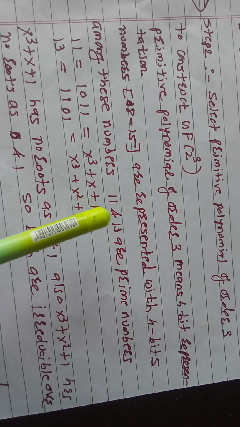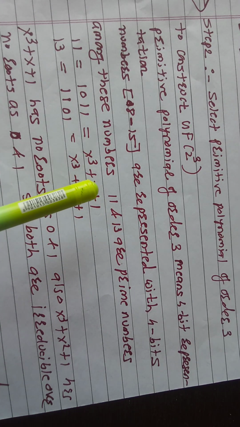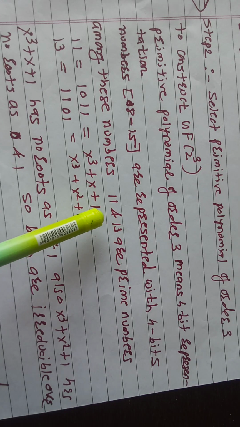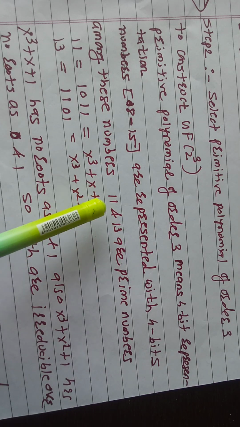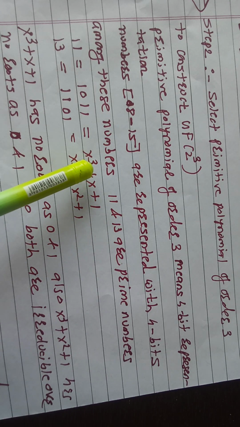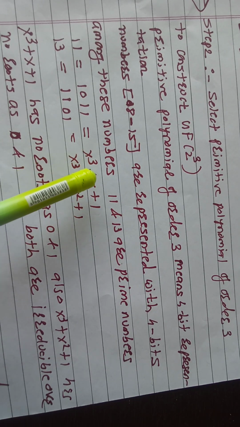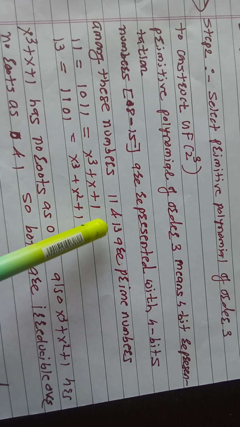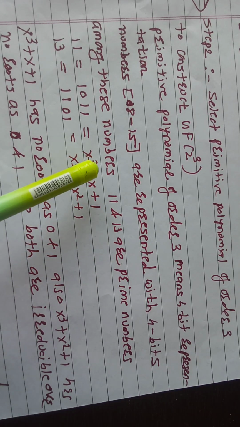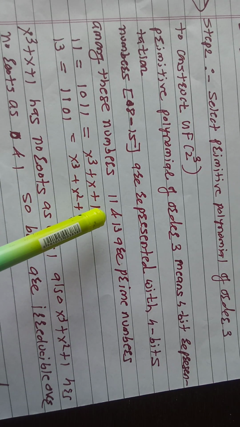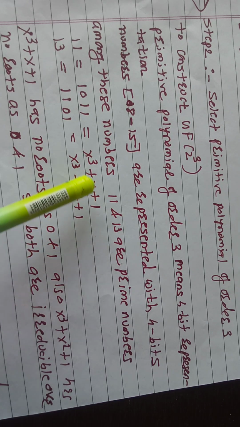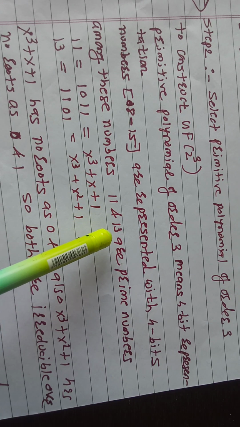In Galois field 2 there are two elements, 0 and 1. So you have to check whether 0 and 1 are roots of these polynomials. Let us check x cube plus x plus 1. If you put 0 here, you will get 1, so 0 is not a root. If you put 1 here, 1 plus 1 is 0, 0 plus 1 is 1. It is a mod 2 operation. So 1 is also not a root.